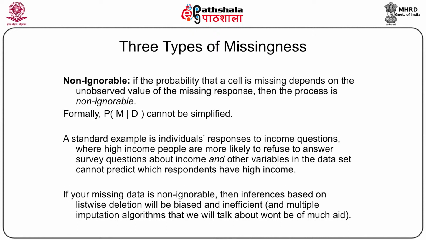A standard example is individuals' responses to income questions, where high-income people are more likely to refuse to answer survey questions about their income, and other variables in the data set cannot predict which respondents have high income. If your missing data is non-ignorable, then inferences based on list-wise deletion will be biased and inefficient.